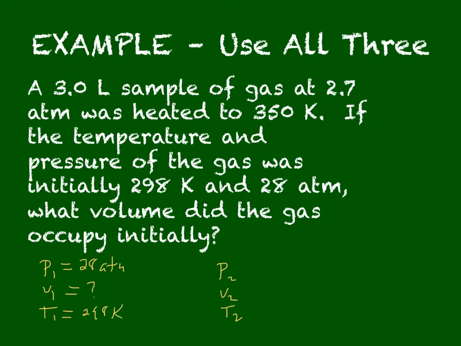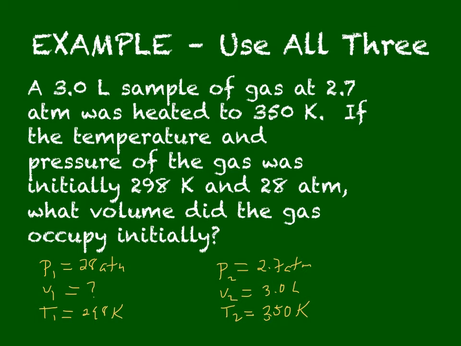So that means my V1 must be a question mark. So my P2, my V2, and my T2. P2 must be 2.7 atmospheres. The volume 2 is 3.0 liters, and the temperature 2 was 350 Kelvin.